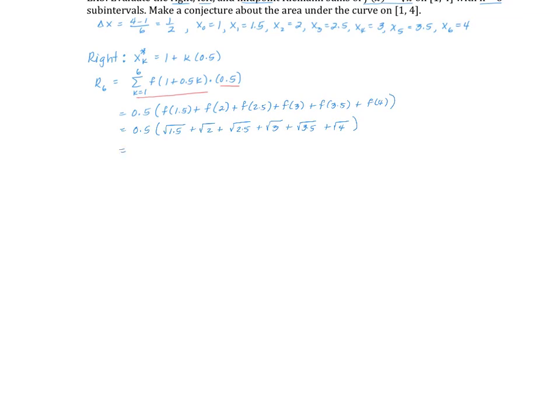So plugging this into a calculator, and then don't forget that you need to multiply your result by that 0.5, that delta x. We get an approximation of 4 point, I'll just go out 4 decimal places, 9115. Let's look at our left Riemann sum and figure out what our x sub k star needs to be.